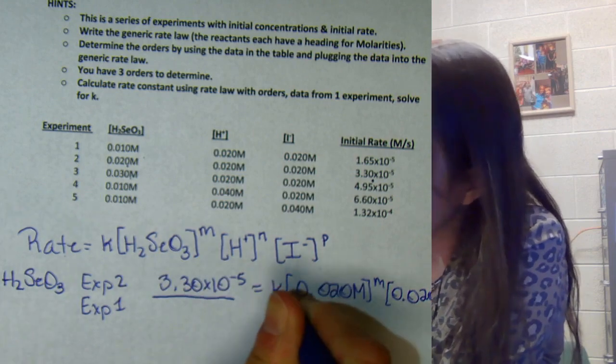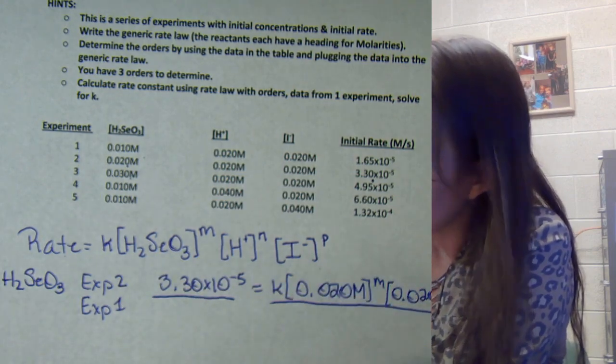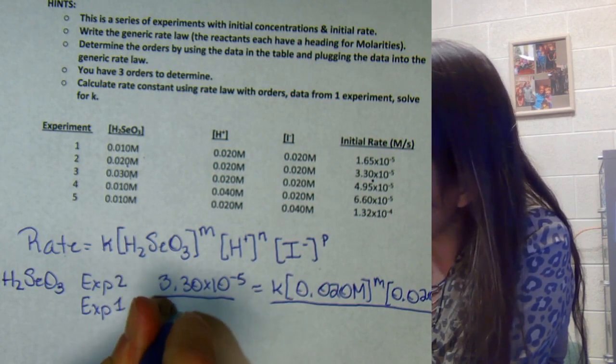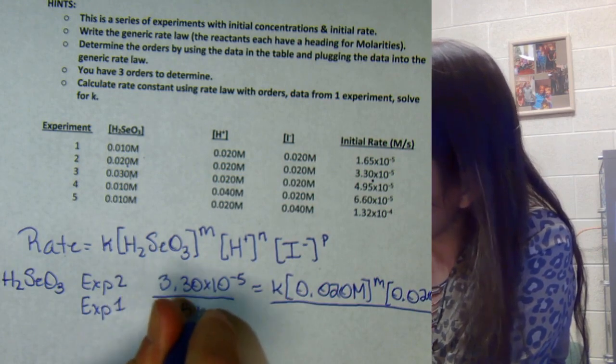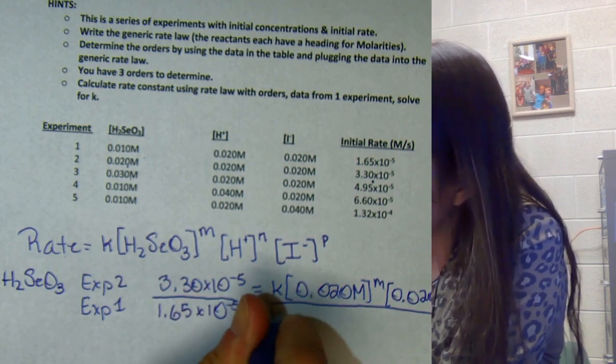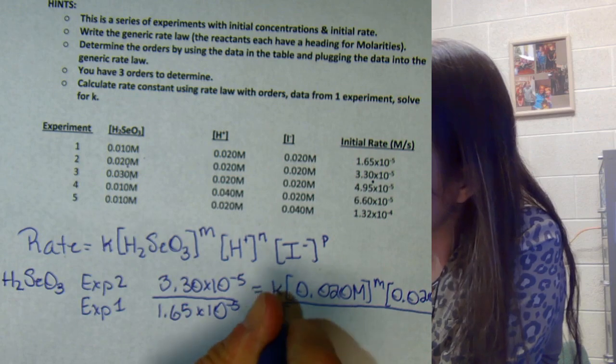And then directly under it, you plug in the data from experiment 1. So the rate of experiment 1 is 1.65 times 10 to the negative 5. And then you have rate constant.